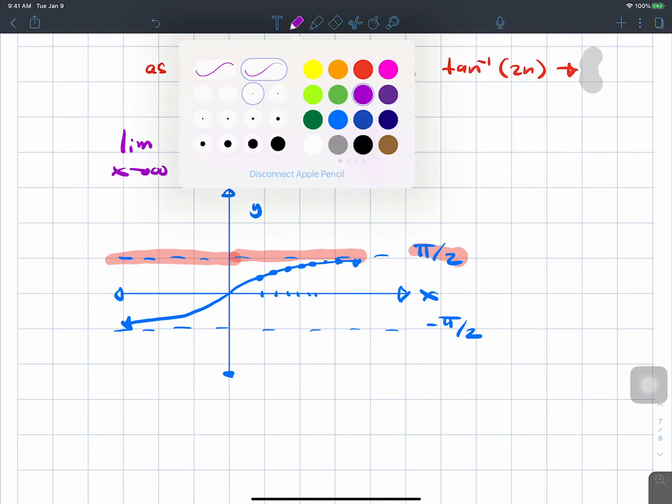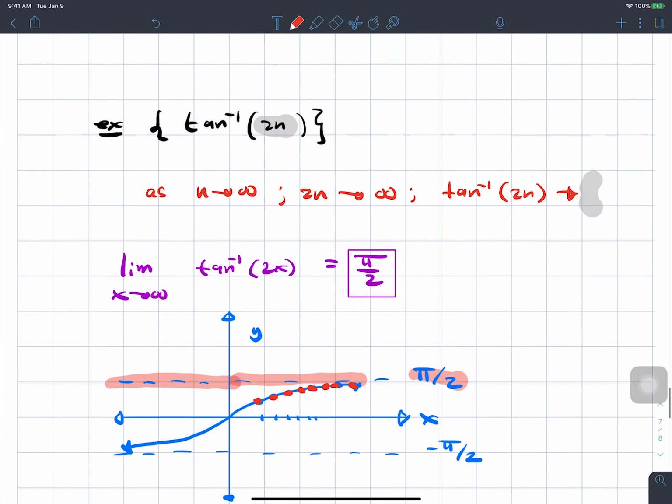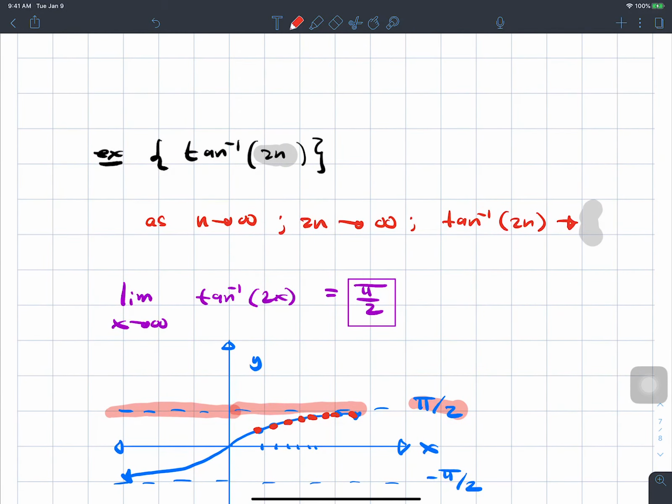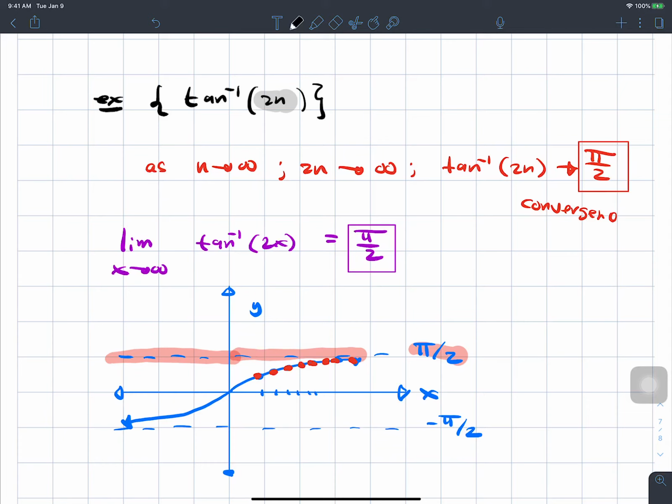And so since these are sequences and discrete, if we look at this as n, these dots go to the same location. So this is going to be simply pi over 2. And we have convergence. Okay, pretty nice one.